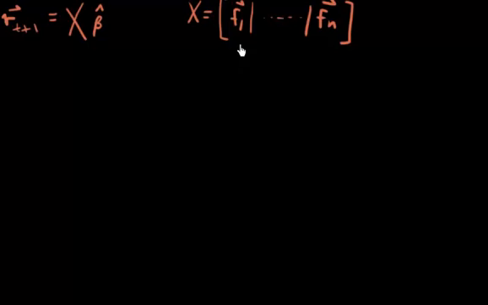The Denali model uses many of these factors, and the basic idea is we'd like to find beta hat, which is a representation of R relative to the X, or the factor basis.